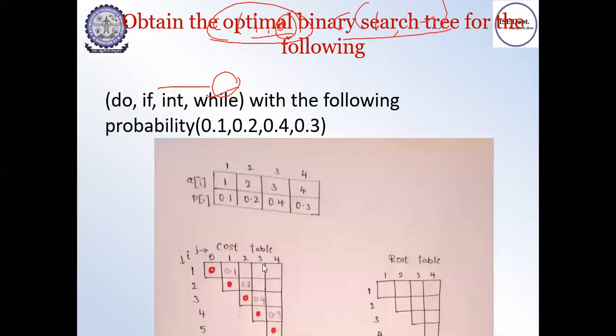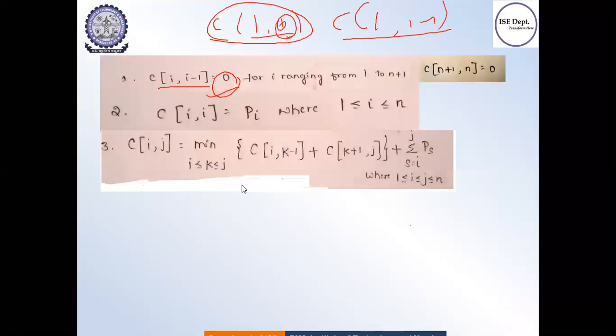For the remaining values which have been left out here, how will I fill them? Using the third formula. So C of i comma j is equal to the minimum over k, where i is less than or equal to k, and k is less than or equal to j, correct? Please remember this formula, otherwise it is very difficult to solve a problem.